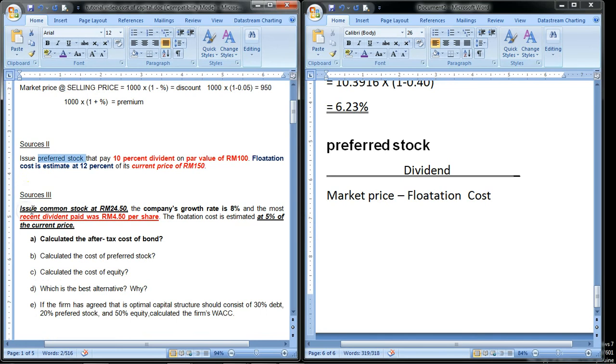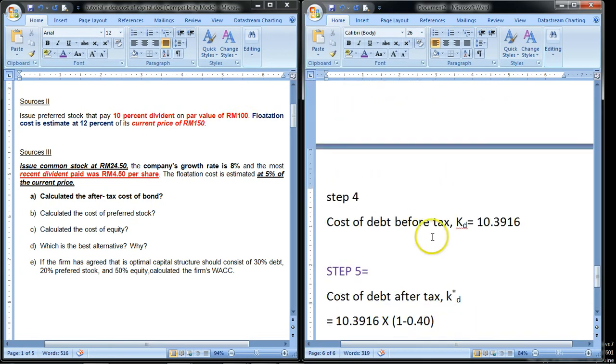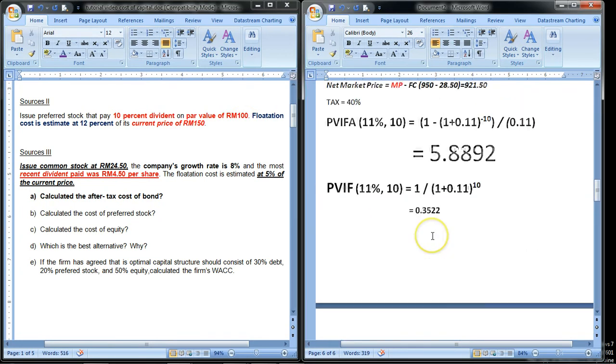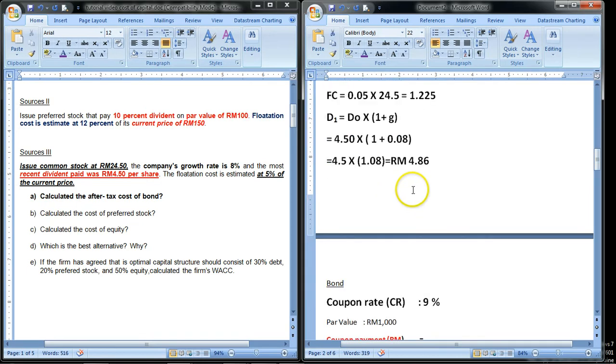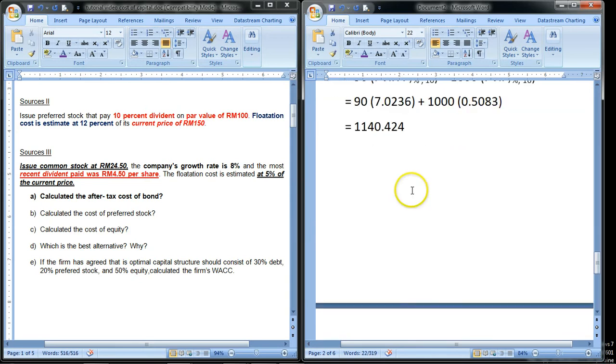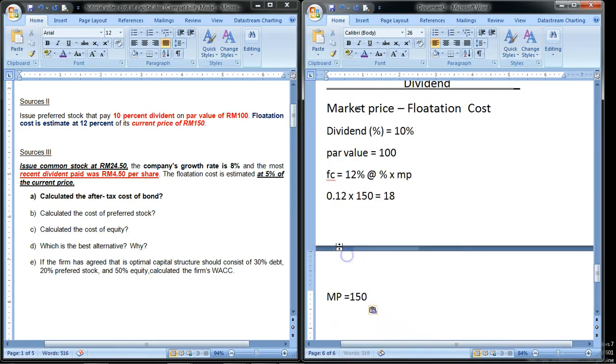Come, class, we go to the question. You issue preferred stock with 10% dividend, par value 100. Flotation cost is 12%, the current price is 150. As I told you, remember our step 1, you can get all this from your extracted information. So where is the extracted information for preferred stock? This is the extracted information. You can use it for our step to calculate preferred stock.